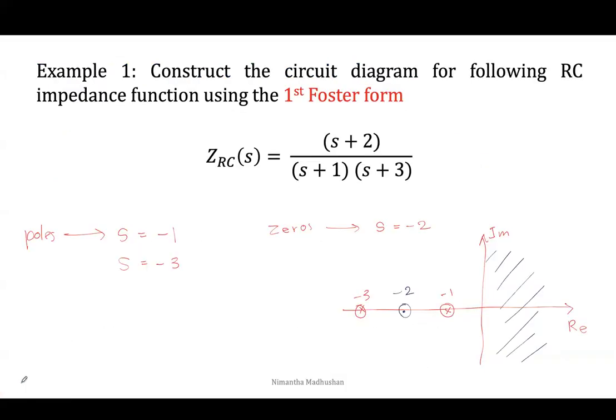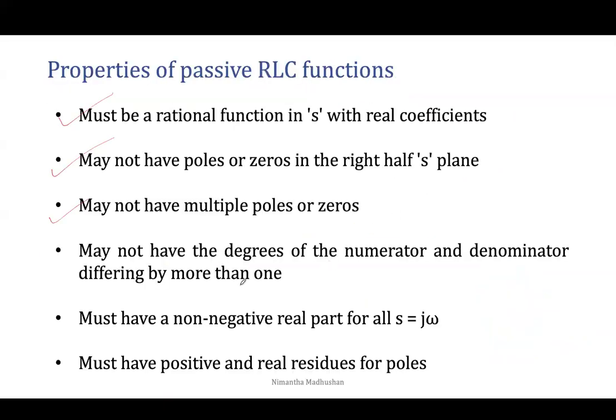In this function, the degree of the numerator is 1 and the degree of the denominator is 2. The difference is 1, which is not more than 1. Then the fourth one is okay.